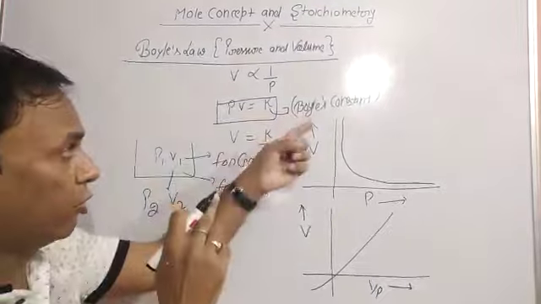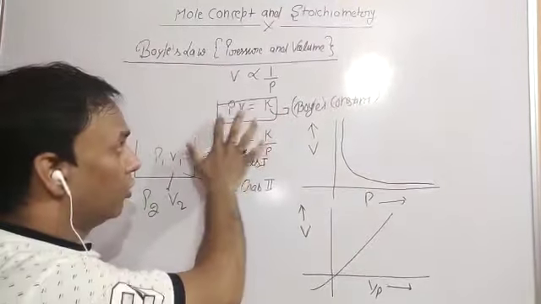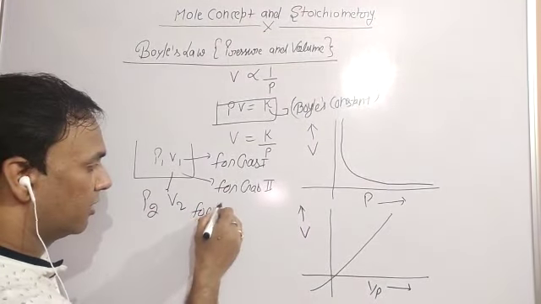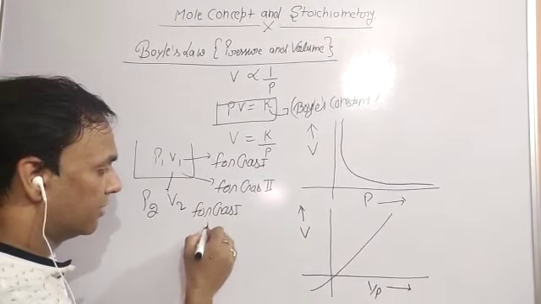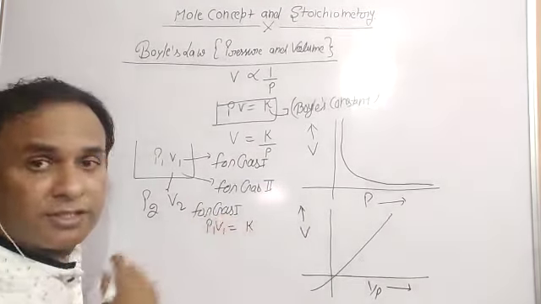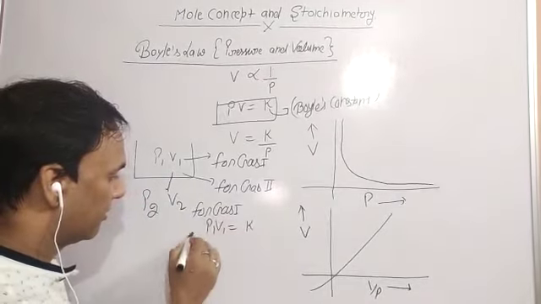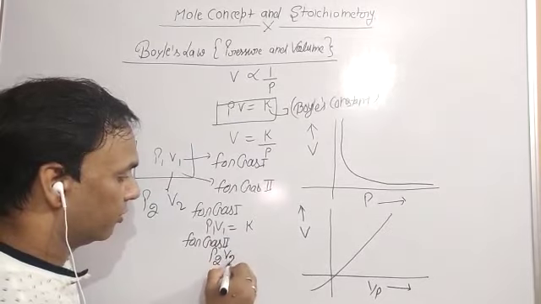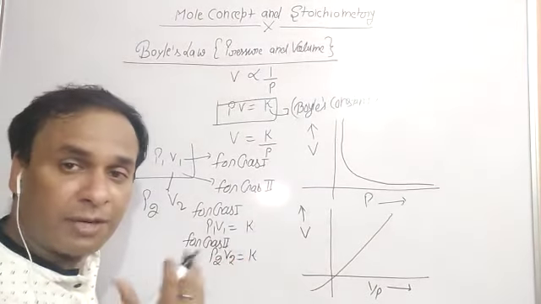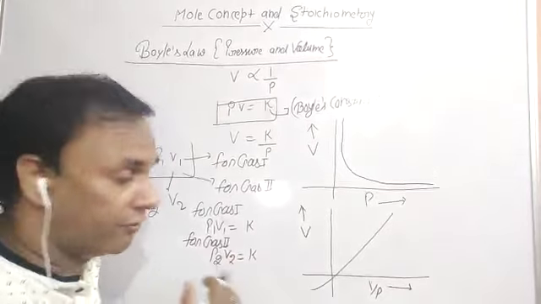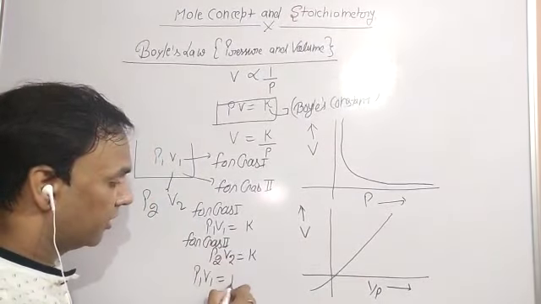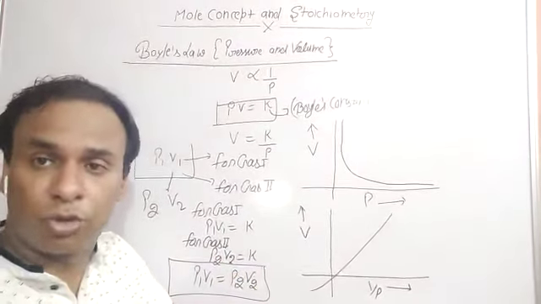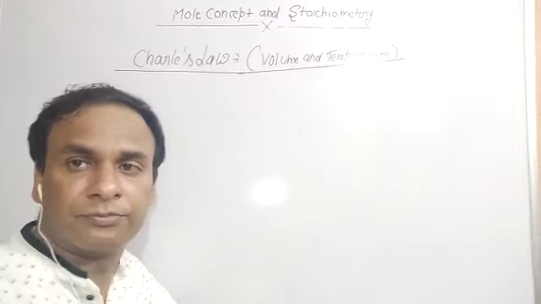According to the condition of Boyle's law, the product of pressure and volume remains constant. So for gas first, P1 V1 equals constant. Similarly, for gas second, P2 V2 equals constant. But both constants remain the same. That means we can write P1 V1 equals P2 V2. With the help of this relationship, we can solve numerical problems.